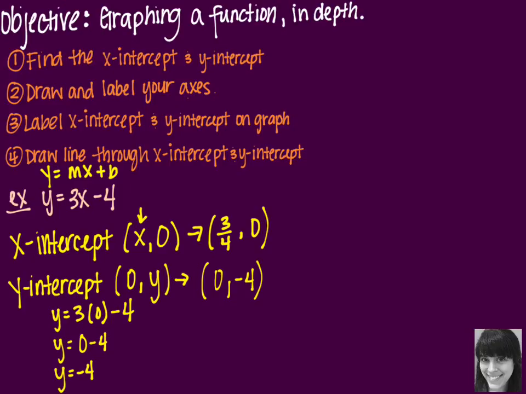Alright, so we did the first step. That is done. Okay, we found the x-intercept, we found our y-intercept. Now we're going to draw and label our axes. So I'm going to make my lines, my axes.